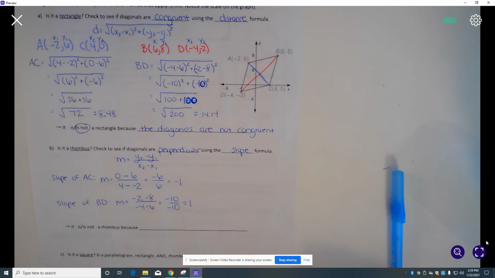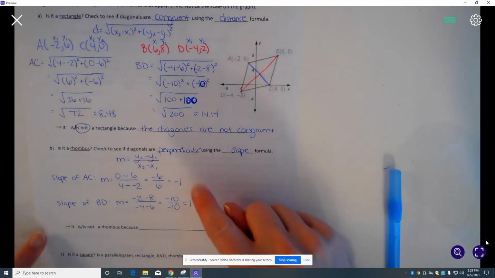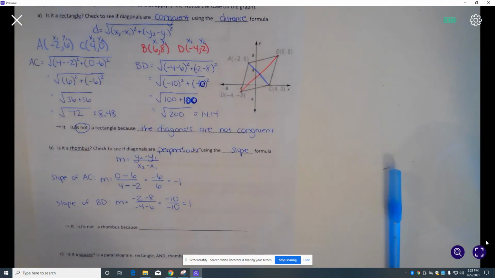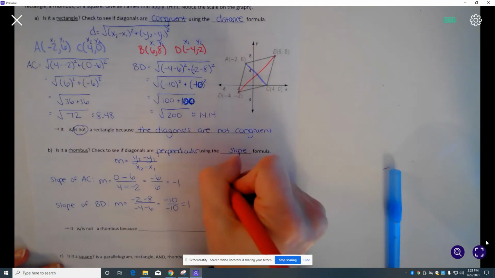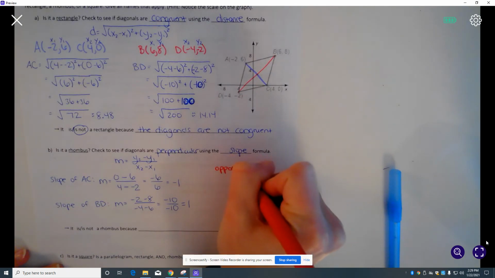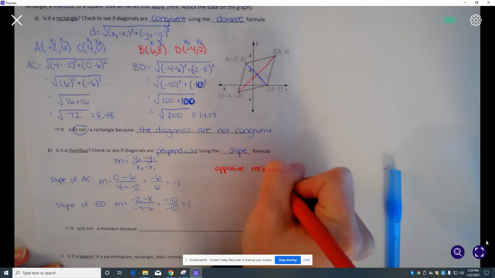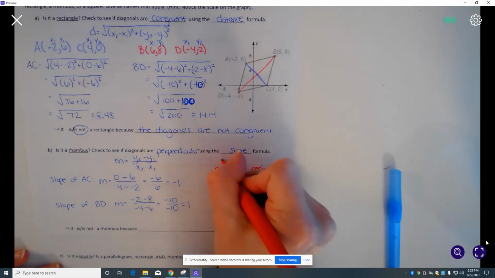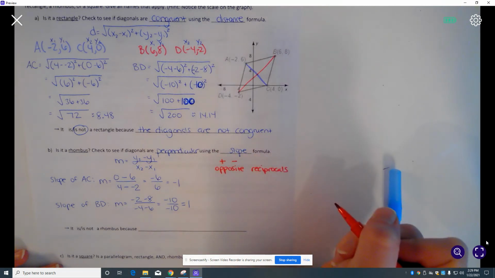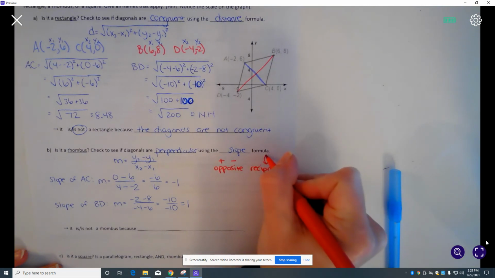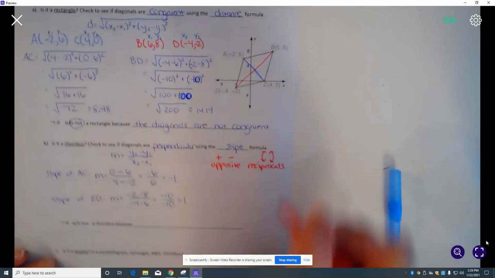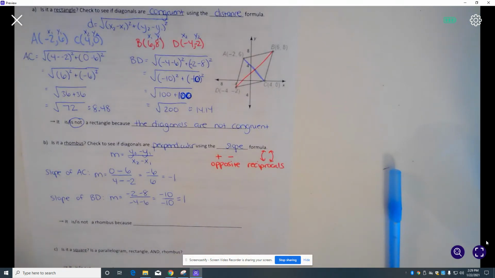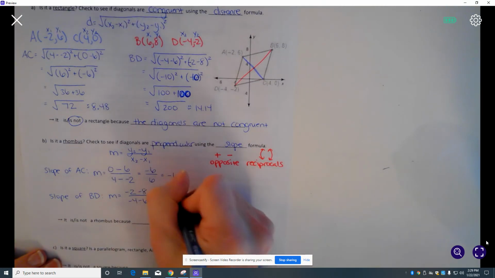So remember, to determine if lines are perpendicular, the slopes need to be what we call opposite reciprocals. Opposite means one is positive and one is negative, and reciprocals means they are flips of each other. If you have a whole number, you can always turn it into a fraction by putting a 1 in the bottom.